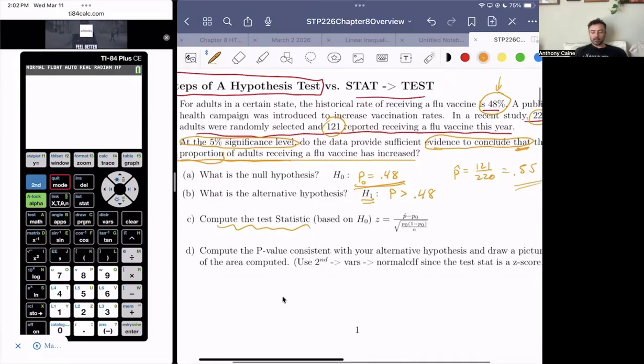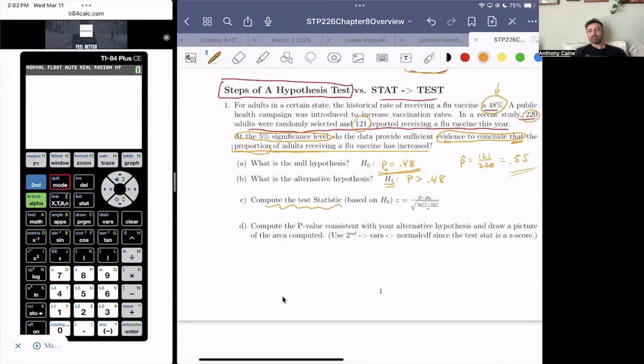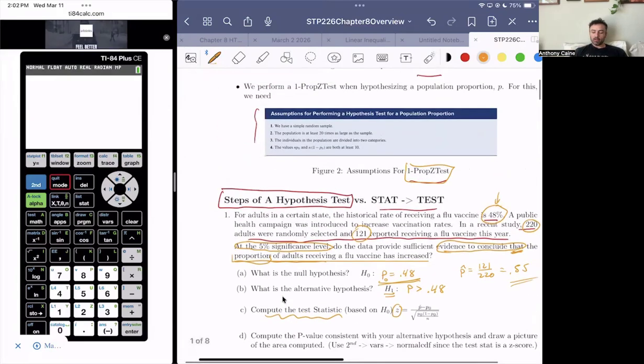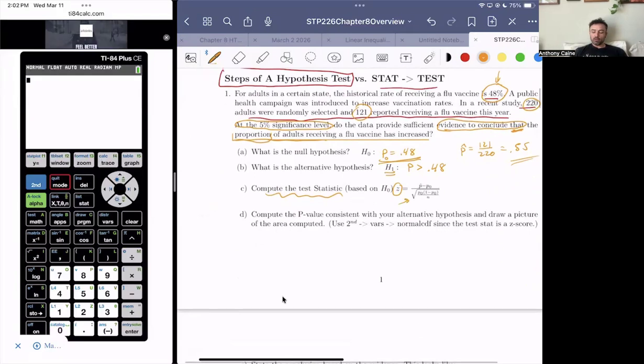That's determined by the test statistic, because when we convert all this data to a test statistic, we're converting it to where we know the distribution. The test statistic is labeled with a Z, and that's why the name has a Z in the one prop z-test. When you do this computation, the result lives on a standard normal.